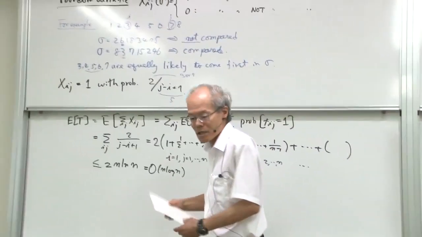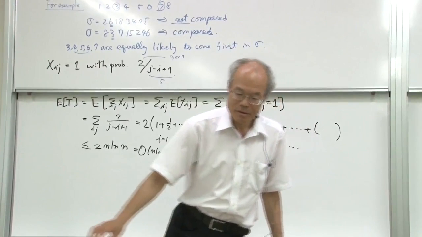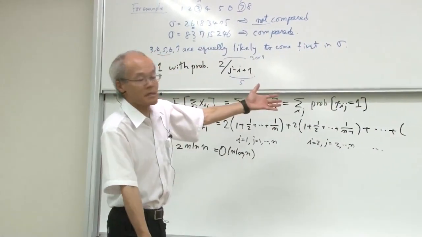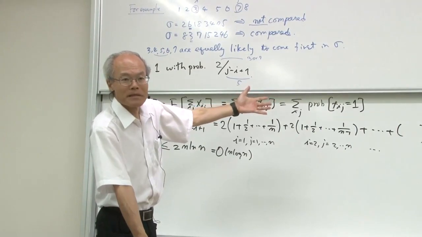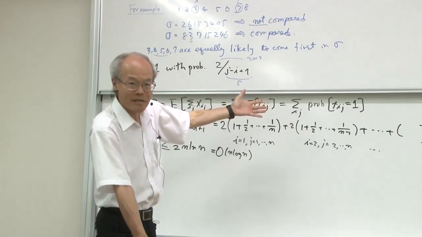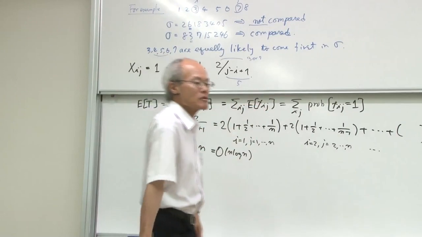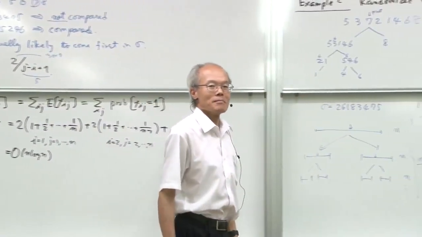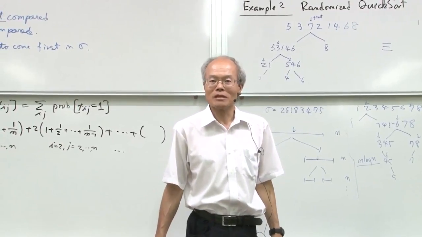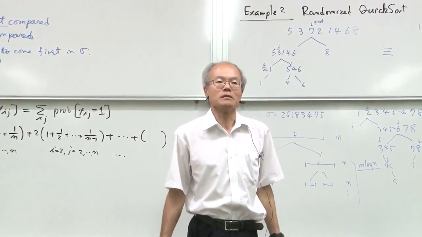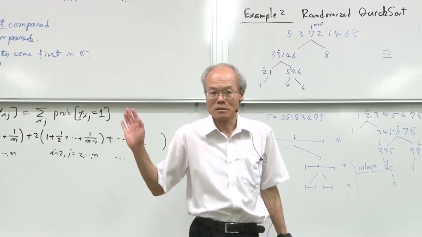So we're done with the analysis of quicksort. It's a very beautiful analysis of quicksort. If you visit some algorithms textbook, many of them include an analysis of quicksort. But probably you will notice that the analysis is quite complicated, much more complicated than this.